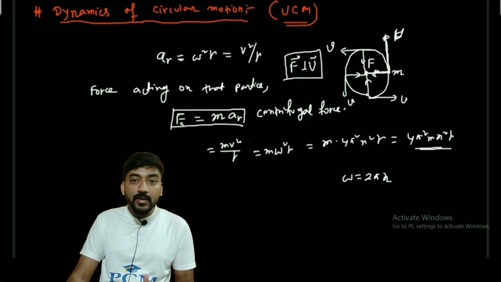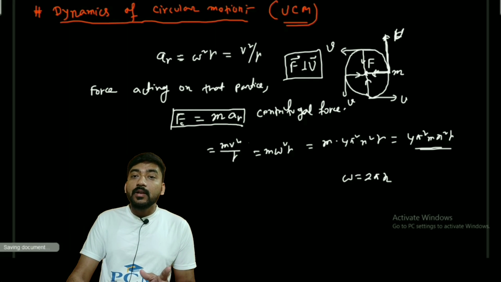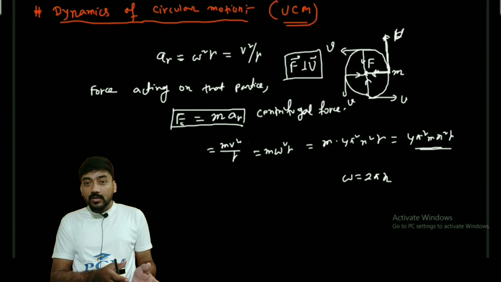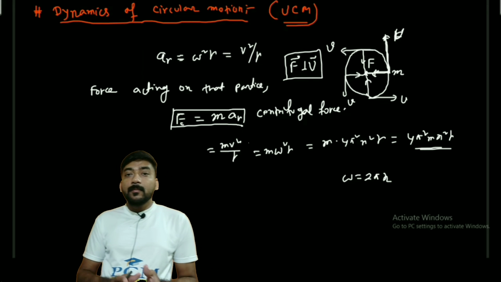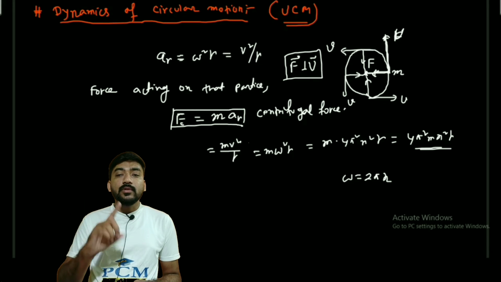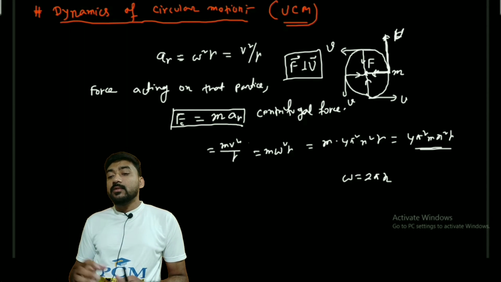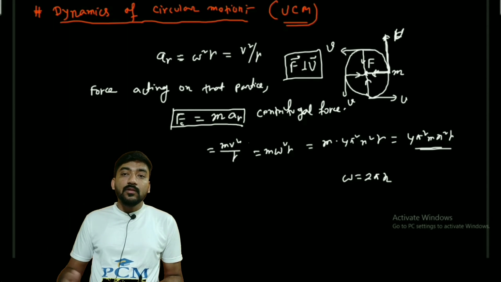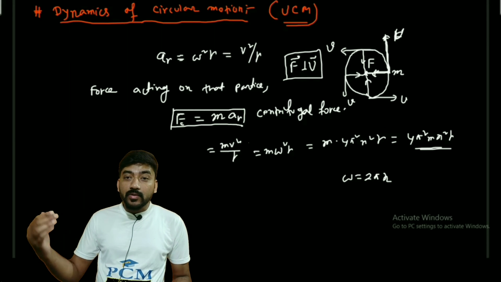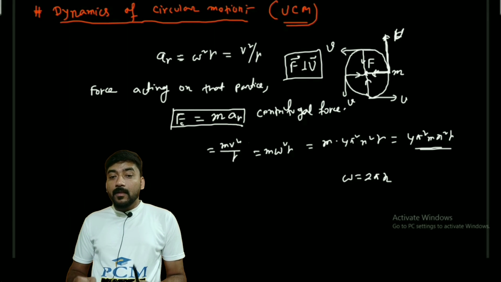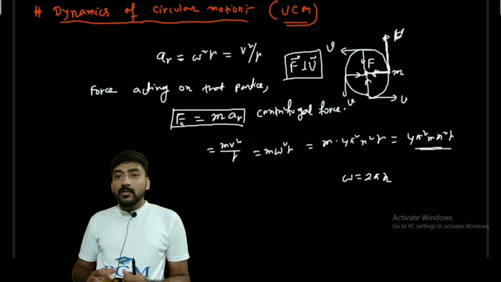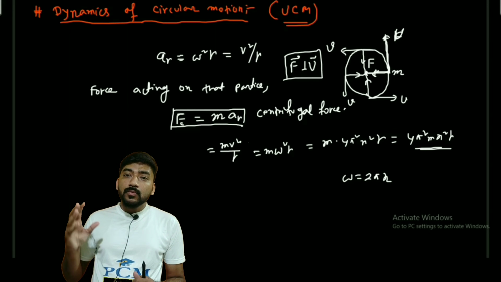Whenever this force disappears, the object will move along the tangent. I gave the example of a rotating pendulum on a horizontal surface: if the string or rope breaks, the object will obviously go along the tangent.